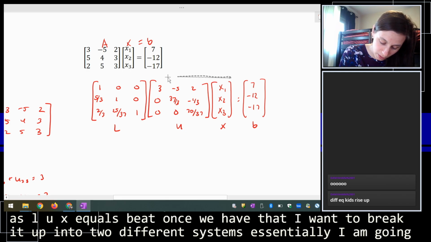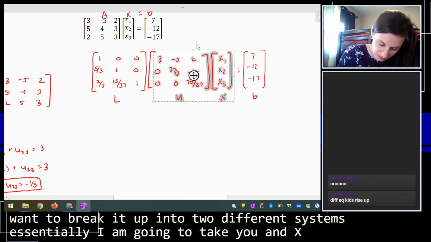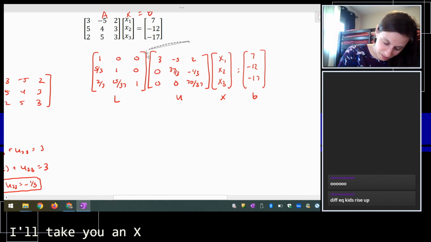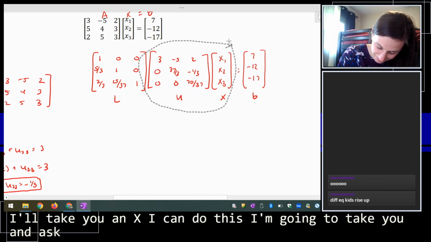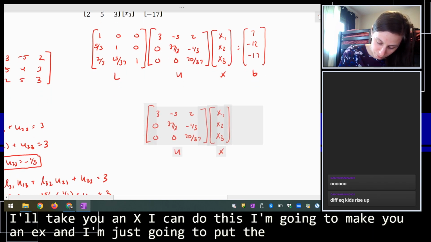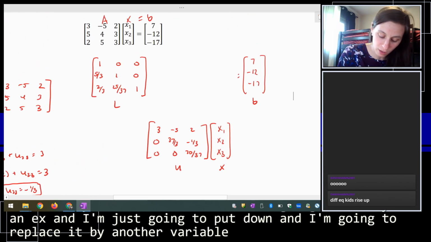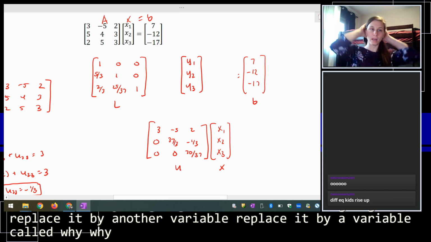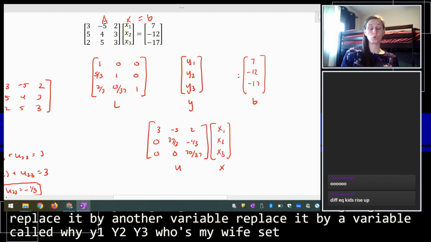Essentially, I am going to take U and X and pull it down, and I'm going to replace it by a variable called Y. Y1, Y2, Y3. So this is my Y, such that U times X equals Y.